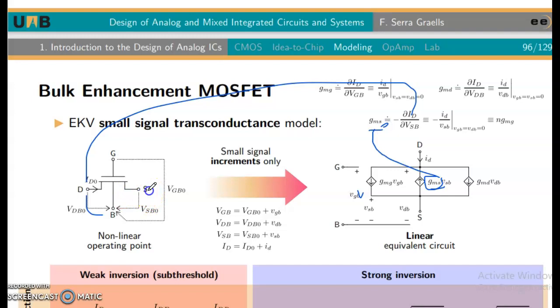So VSB, that is source and base. It means ID, and here we get a negative.